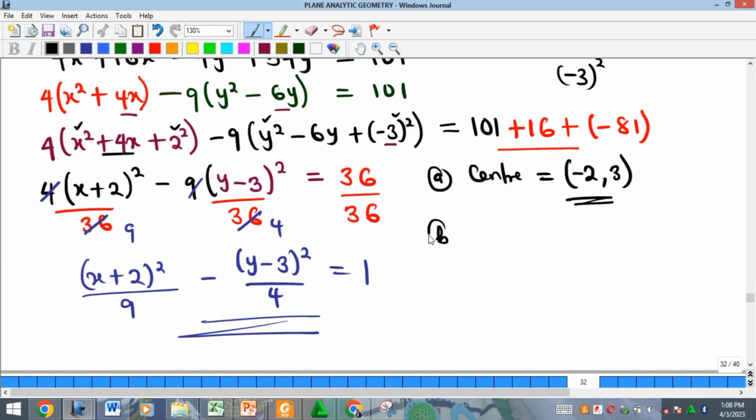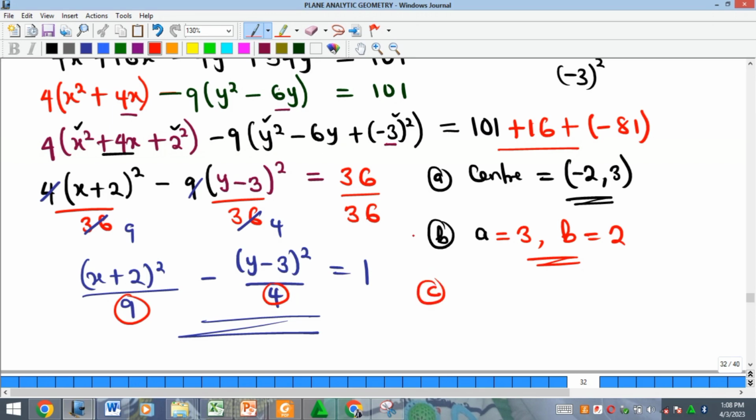And then what about a and b? Your a is the square root of the denominator of x, the square root of 9 is 3, and your b is the square root of the denominator of y, and that will give us 2.